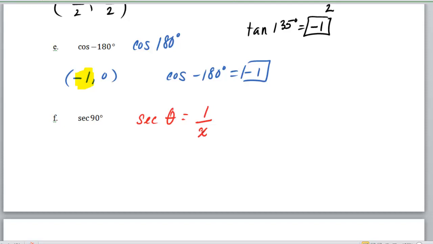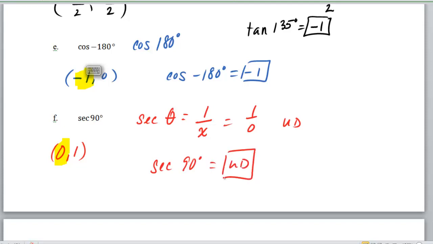So if we look at the 90 degree angle, the 90 degree angle has a point of 0, 1, and so we're going to take that x value and put it into the secant, and what you'll see is that we have 1 over 0, and we know that anything over 0 is undefined, so we could say that the secant of 90 degrees is technically undefined. And if you put that in your calculator, what you're going to get is basically an error message. It may even say undefined.